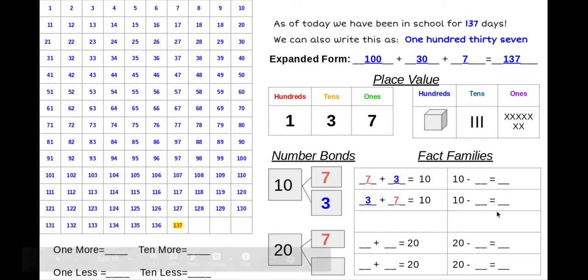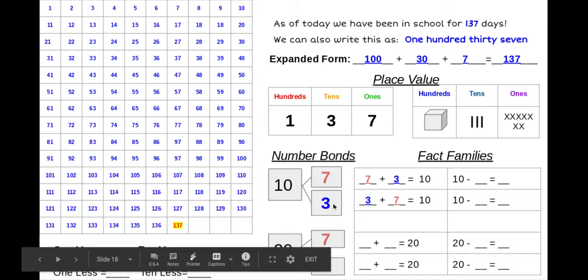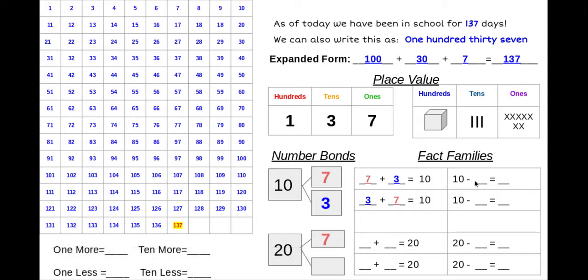So for the subtraction part of our fact families, using these same numbers, what subtraction problem can we come up with? Remember, we always put the largest number first, which would be our 10. 10 minus 7 equals 3.